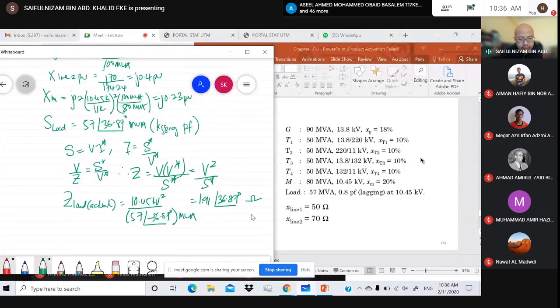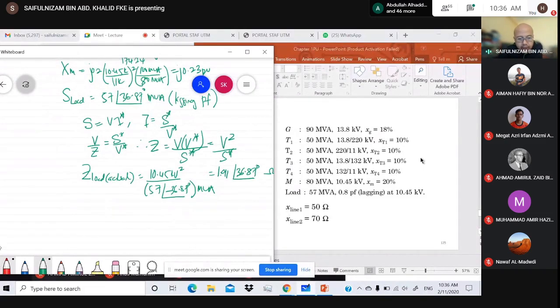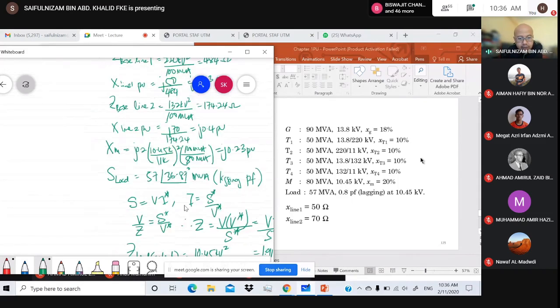Then we can calculate the per unit value for the load, right? Z load per unit equal to actual divided by base. So what is the base? Base is the same as the motor, right?